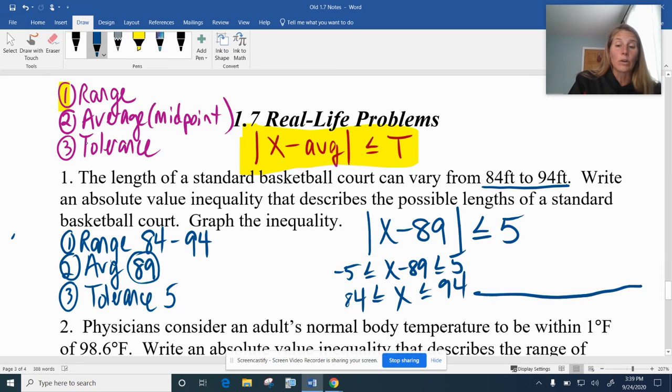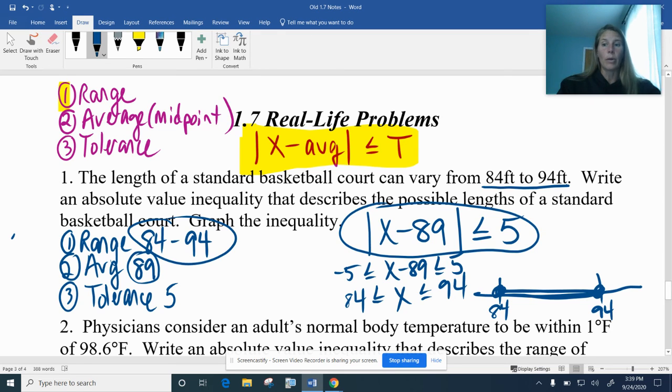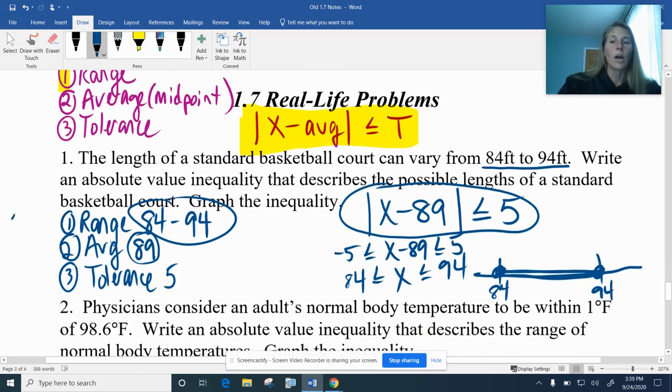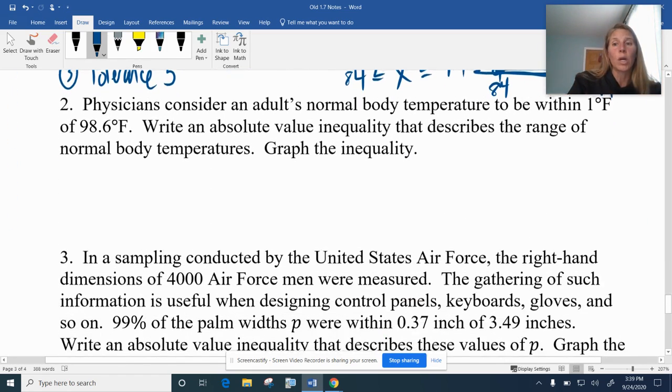So basically, if you solved this, you're going to get your range, 84 to 94, and anything in the middle would be acceptable. If we're talking about acceptable, it's always going to be an and problem. The unacceptable would be the or problem because it would be the greater.